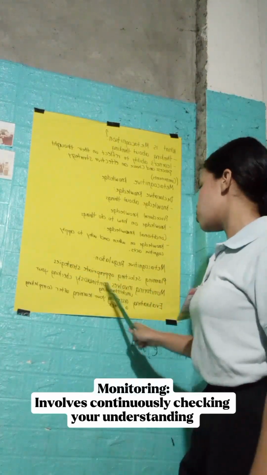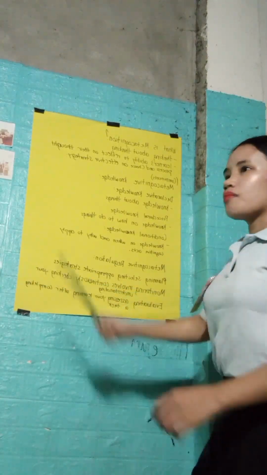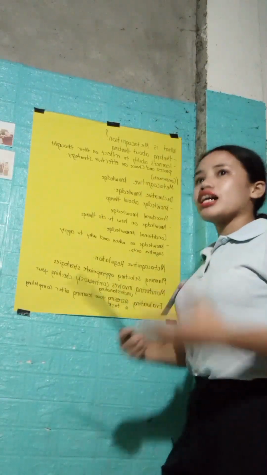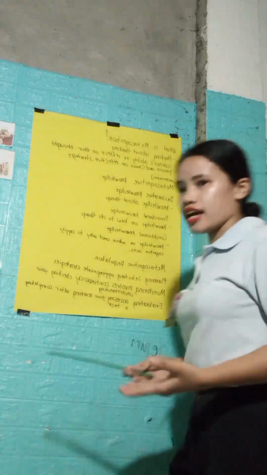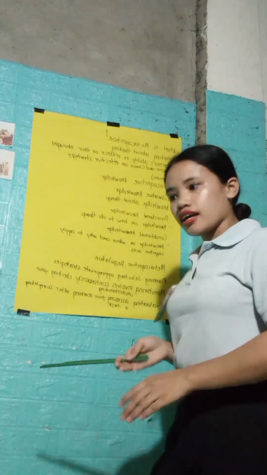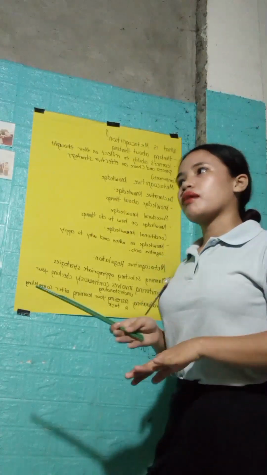Monitoring involves continuously checking your understanding. If the child doesn't understand what they read, they reread or go back to understand it, and if the child still doesn't understand, ask for help if needed.